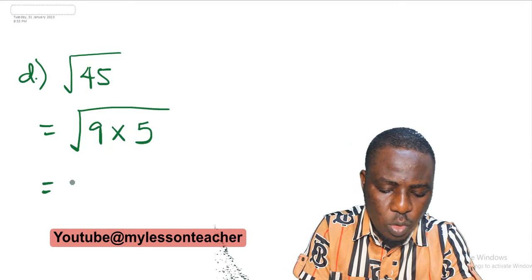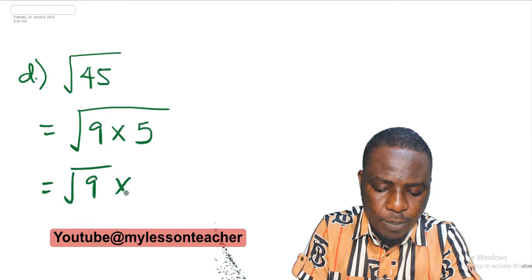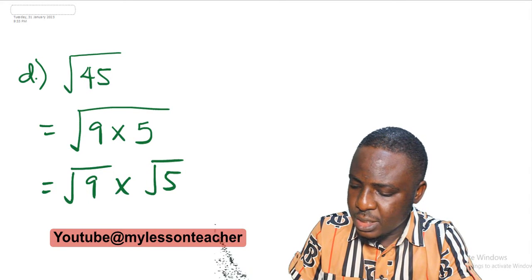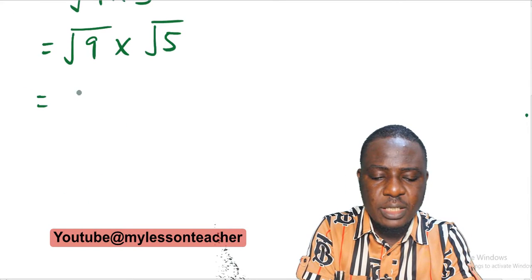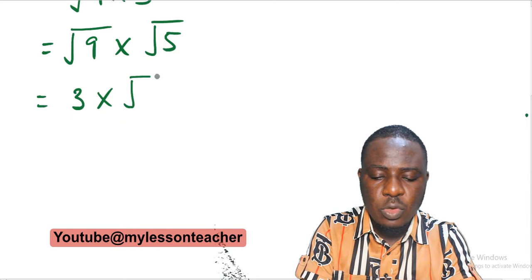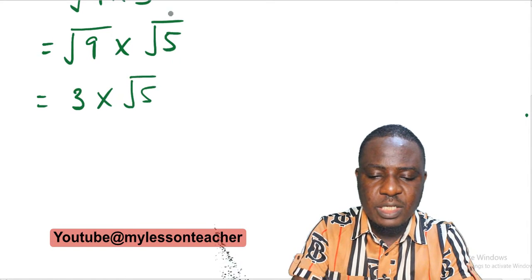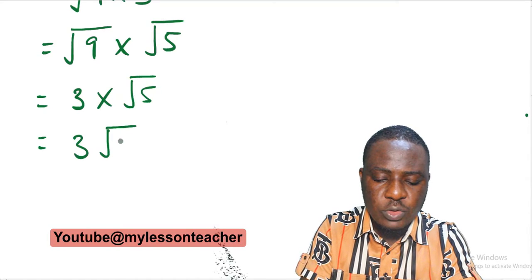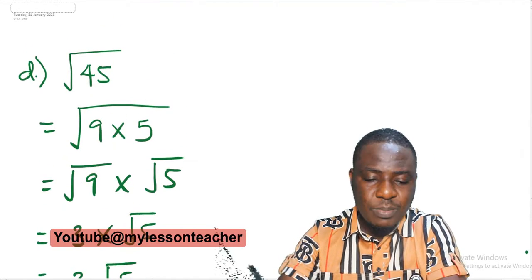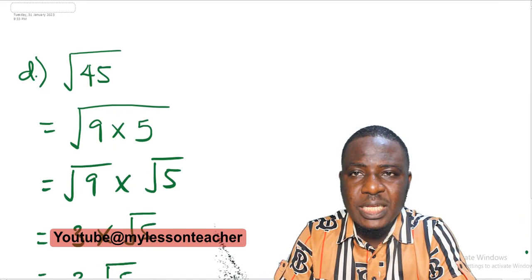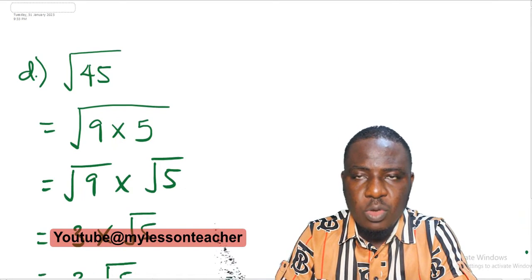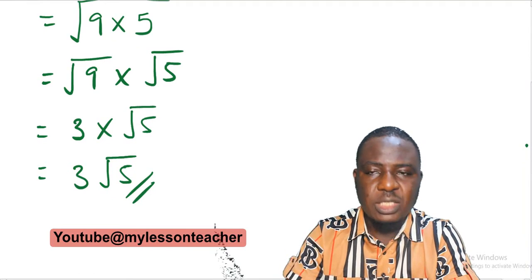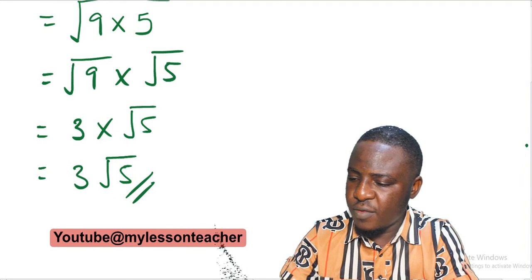So this is equal to root 9 times root 5. And the square root of 9 is 3, times root 5. This is an irrational number. So this becomes 3 root 5. When you're asked to simplify a surd which is in its single surd form, you are asked to simplify it to its simple surd form. And this is what you get, 3 root 5.